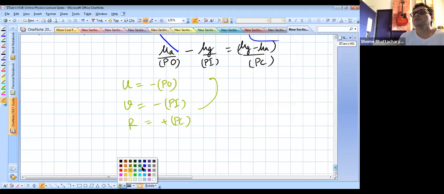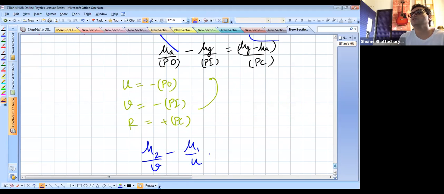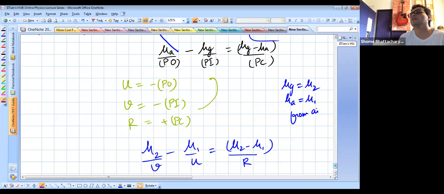Okay. So we'll get the generic formula. Substitute this, this will become minus V, this will become minus U. So this will become refractive index of 2 by V minus refractive index of 1 by U is equal to mu2 minus mu1 by R, because we'll also substitute refractive index of glass as mu2 and refractive index of air as mu1, because it is from air to glass.